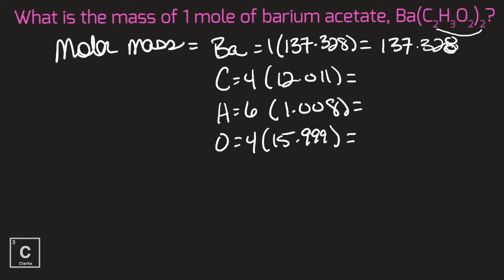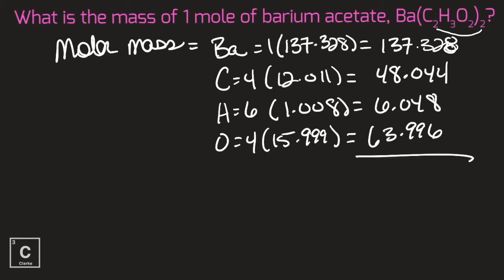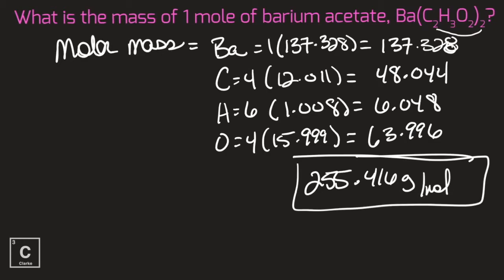You don't necessarily have to do that. Okay, 4 times 12 is 48, and then 11, could do that one in our head. 6 times 1 is 6, and then 15.999 times 4. Now we need to add all of these up to get a total of 255.416. And that would be grams, or we could even say grams per mole.